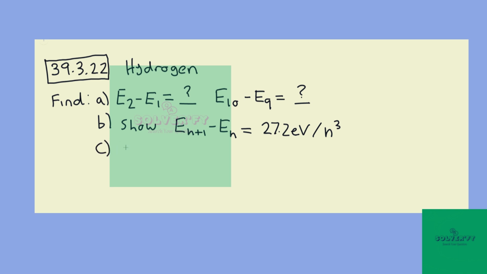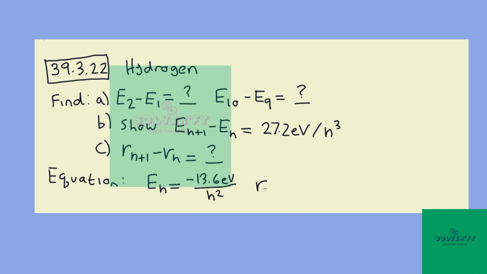We're also asked to take a look at the radius of the Bohr atom, R n plus 1 minus R n, and see how the difference in those radii changes as n gets very large. So the equations we'll need, obviously, are the equations for the Bohr model of an atom, particularly a hydrogen atom. We know that the nth energy level is a simple expression, negative 13.6 eV divided by n squared.